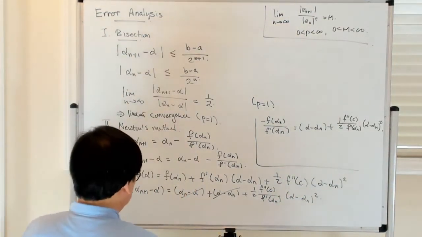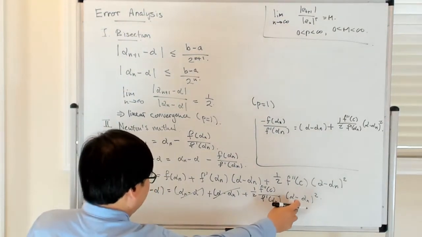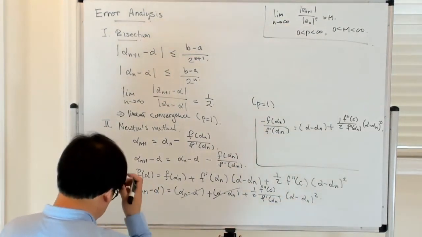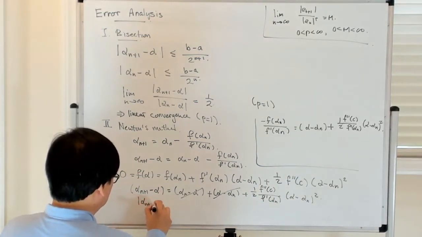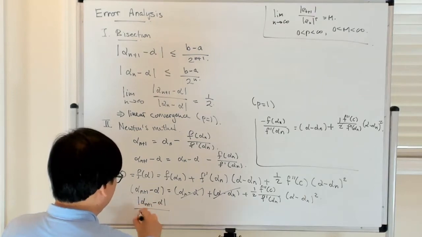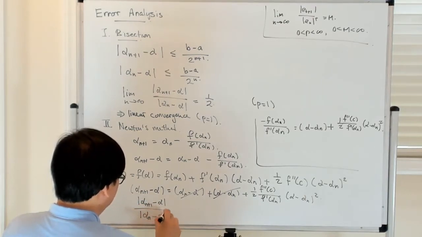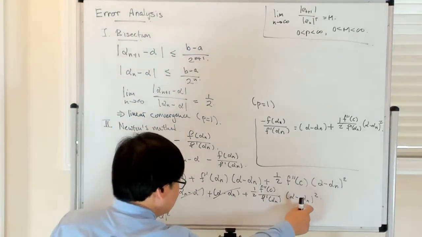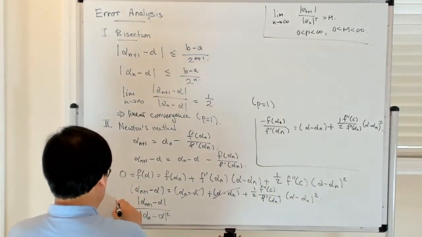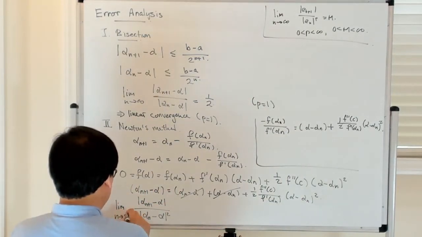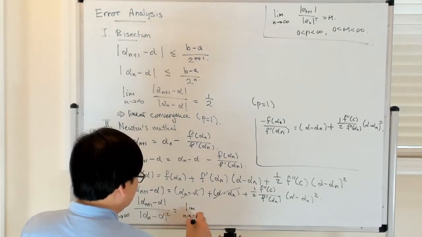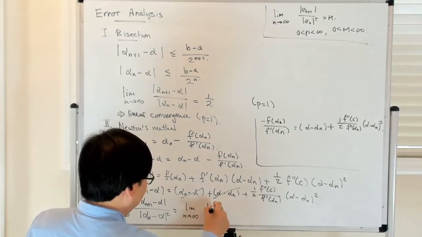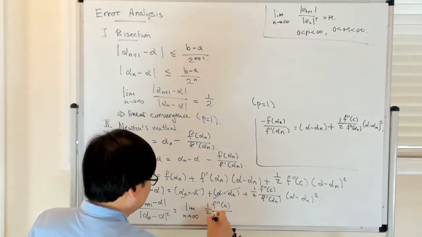Okay, so I can divide by the error, right? So the absolute value of alpha n plus 1 minus alpha divided by alpha n minus alpha squared. The square comes from this term here, right? I can look at the limit as n tends to infinity of this. It's going to be the limit as n tends to infinity of 1/2 f double prime at c over f prime at alpha n.